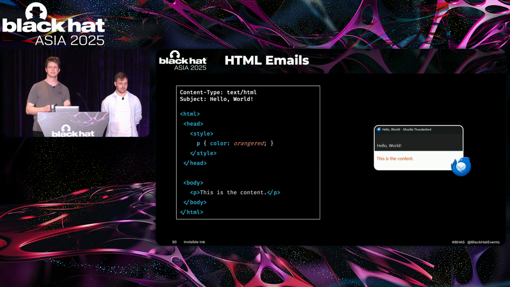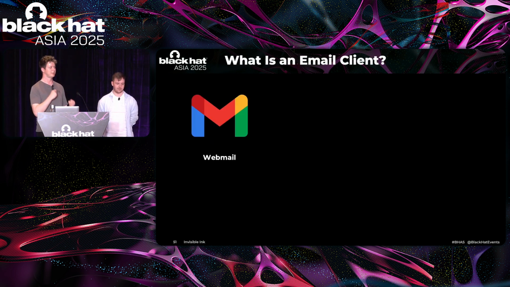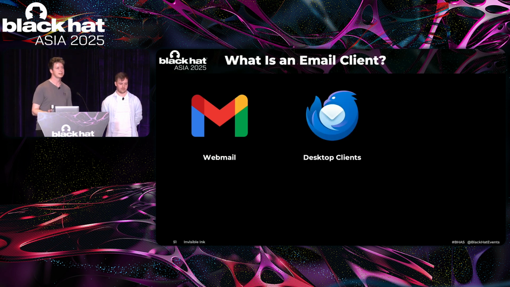So we thought to ourselves, okay, if that's HTML and CSS, who is responsible for rendering that? To answer that question, let's think about email clients for a second, because there are different types of email clients. We have webmail clients, so everything that you can access as a website. We have desktop clients like Mozilla Thunderbird, so everything that you can install as an application on your system.